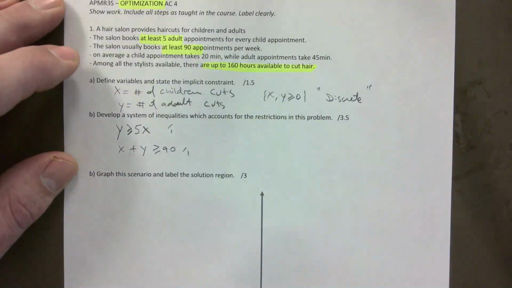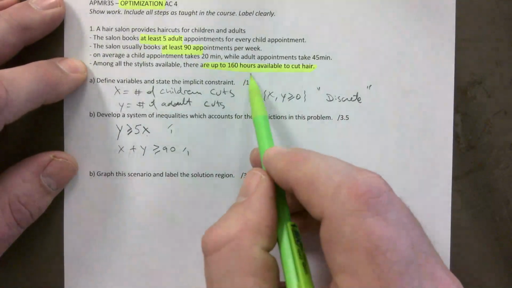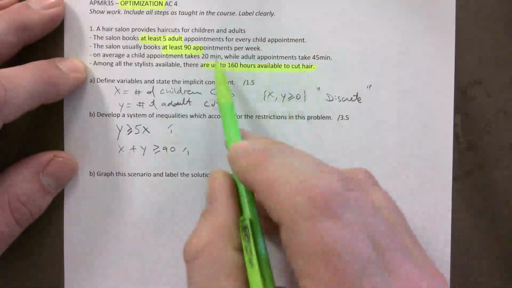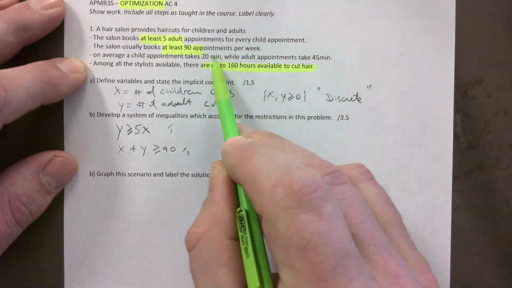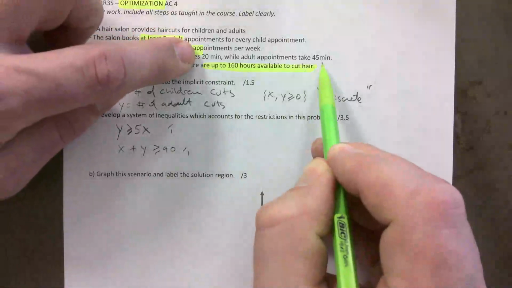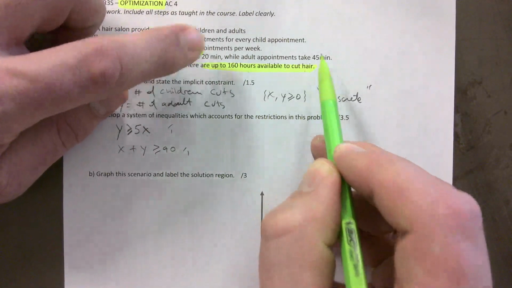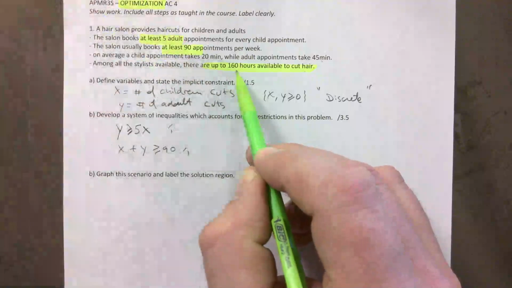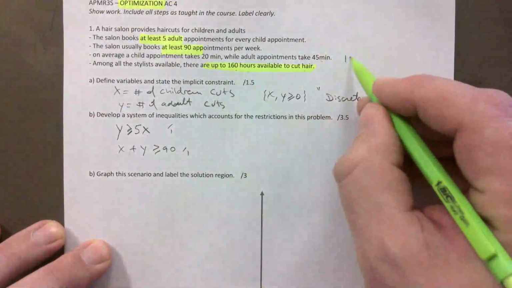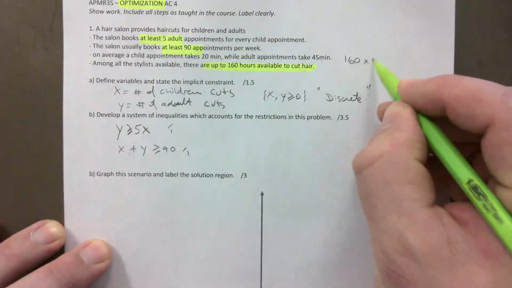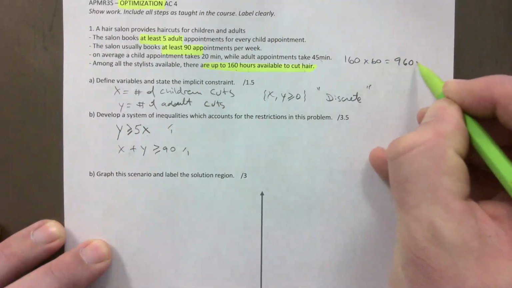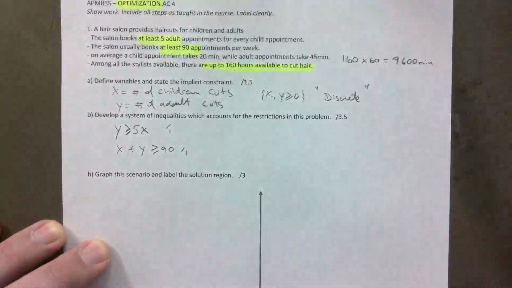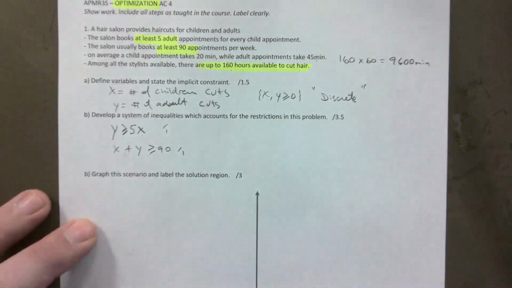And then among all the stylists, there's 160 hours available to cut hair, and we're told what it takes in minutes. So either you turn the minutes into hours. I usually go and turn my hours into minutes. So I'm just going to quickly do that here. Okay, 160 times 60, that's 9,600 minutes. Okay, if you want to convert that real quick.